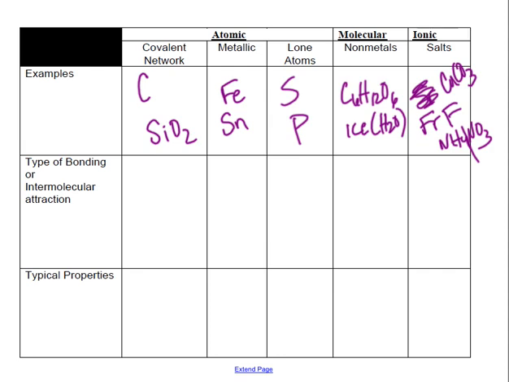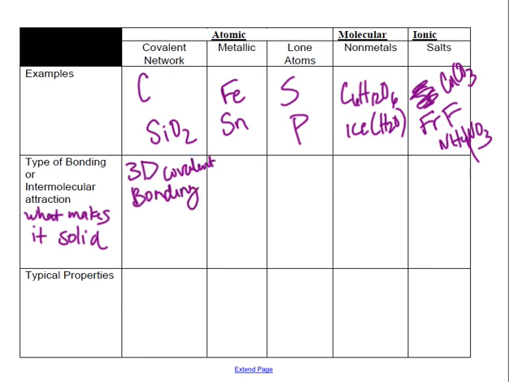All right, so now let's go through, and when I say type of bonding or intermolecular attraction, I'm asking you what makes it solid. So saying, oh, bonds, well, it depends. So covalent network, what's making it a solid network? Bonds. Three-dimensional, 3D covalent bonding.